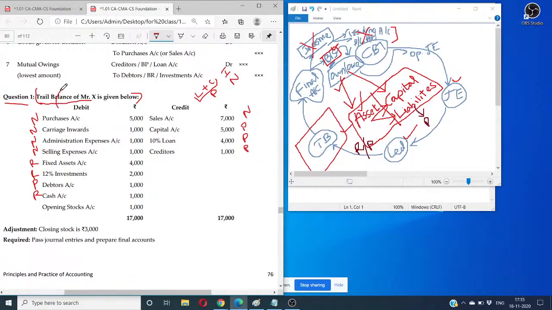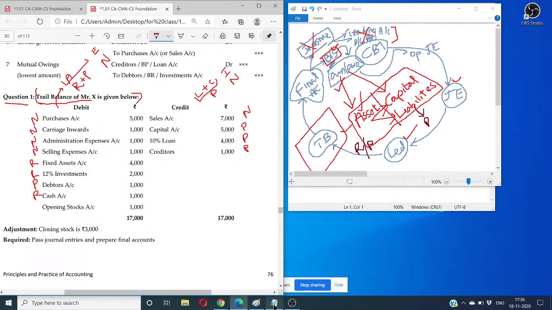Similarly, in the debit side, what are the items there? We have assets predominantly. The assets could be either real account or personal account. Apart from that, we have expenses. The expenses are usually nominal. Is it okay? Usually nominal.